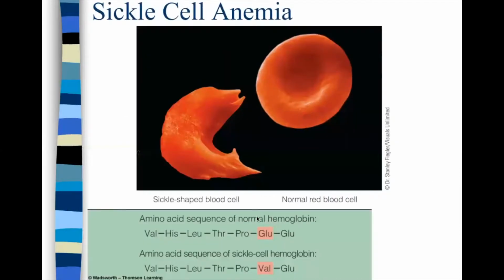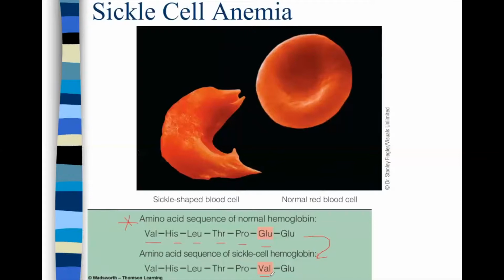So here you can see that a normal hemoglobin protein has this sequence right here, and these 3-letter abbreviations indicate individual amino acids. So this is a normal hemoglobin. However, in sickle cell anemia, instead of this GLU, you have a VAL, which is valine.